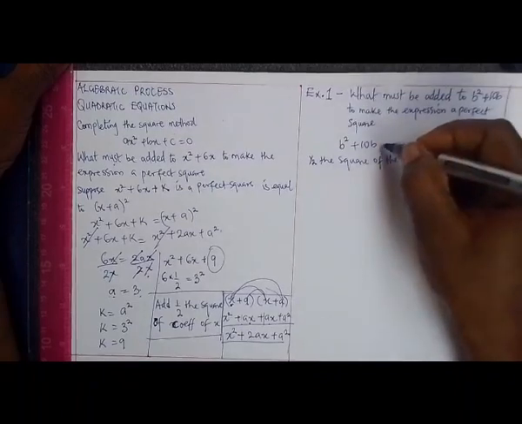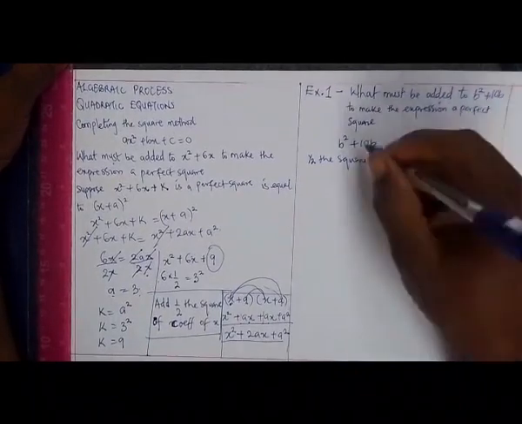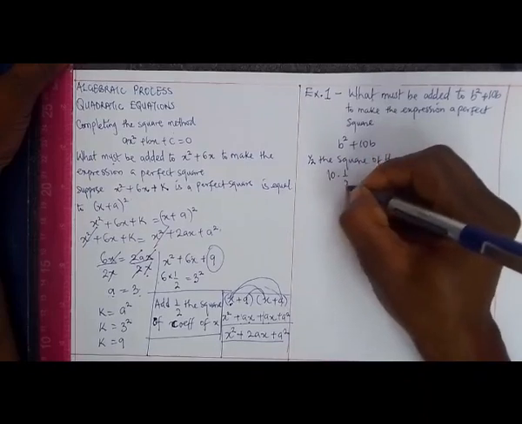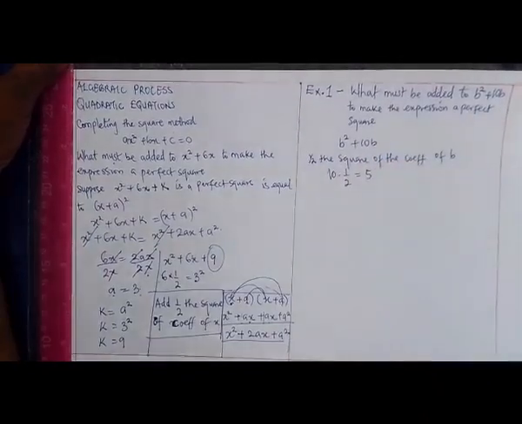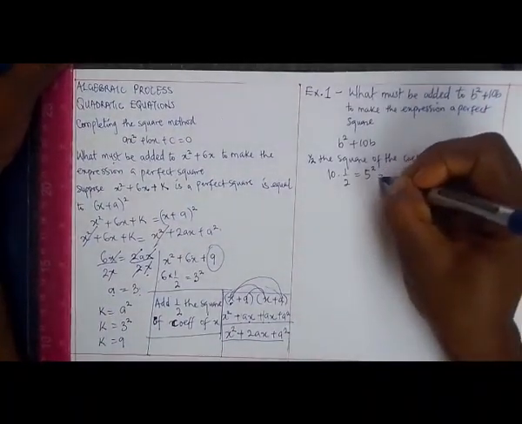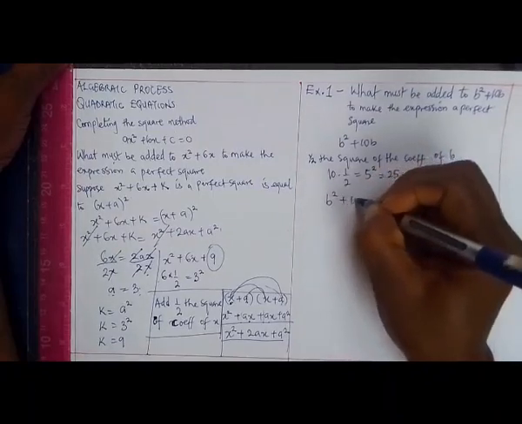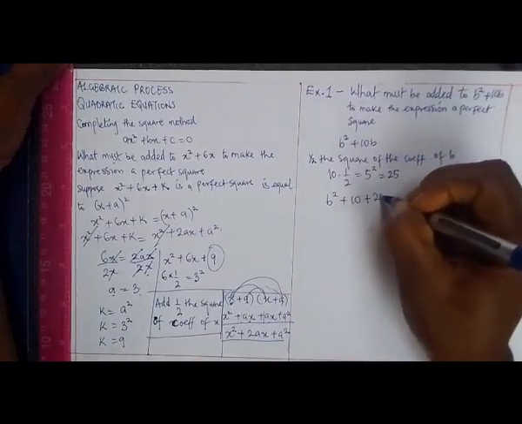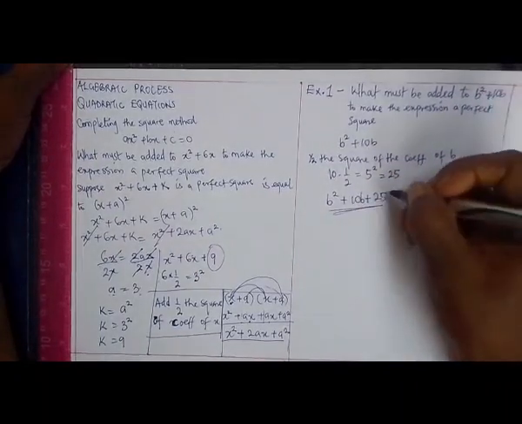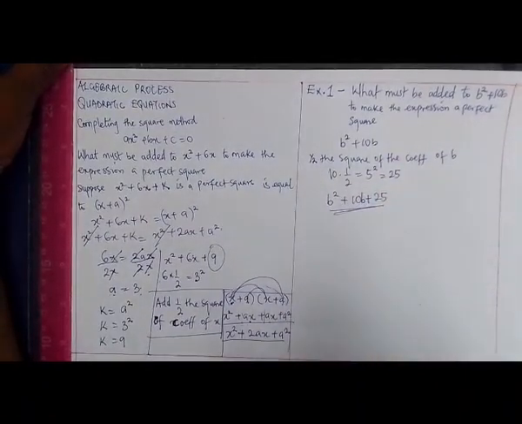Here the variable is b, so it is the coefficient of b. Half of 10 is 5. Then the square of 5 is 25. That means b squared plus 10b plus 25. 25 must be added to b squared plus 10b to make it a perfect square.